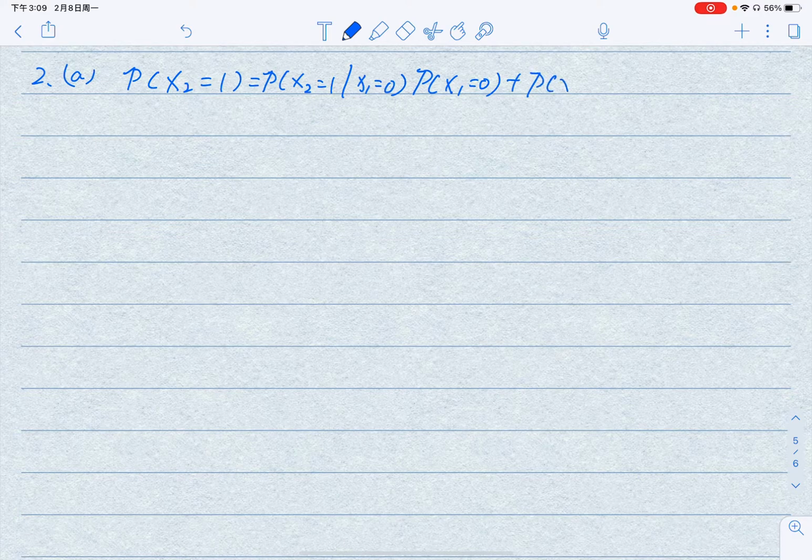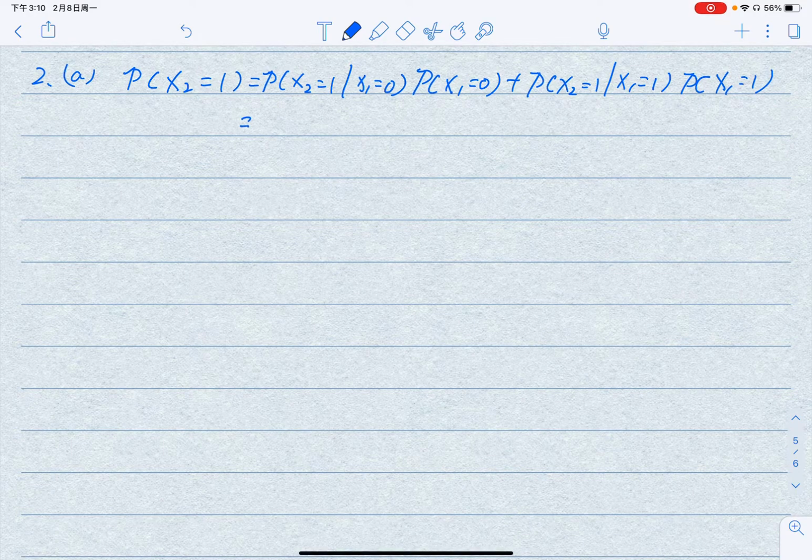For question A, it is asking us to find the probability for the X2 output equals to 1. So the probability for X2 output equals to 1 has two different conditions. The first one is when the X1 input is 0, so we multiply the probability of the X1 input equal to 0, plus the probability of the X1 input to 1, and also we multiply the probability for the X1 input to 1.